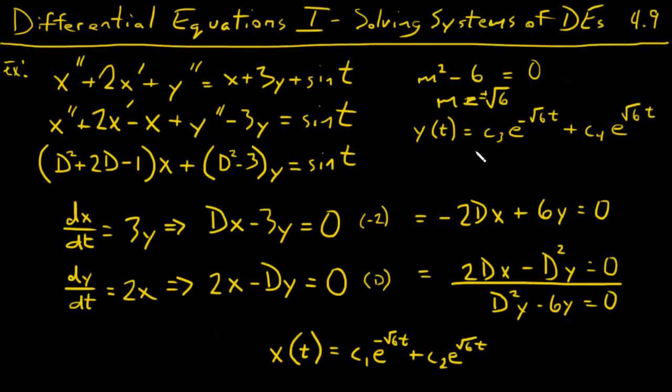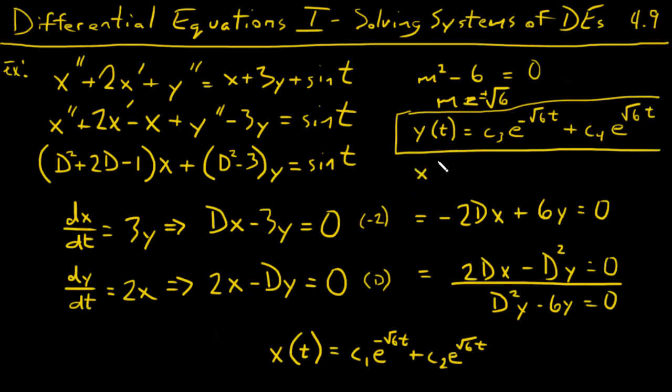Okay? Now, these are my two solutions. I've got a solution for x of t and a solution for y of t. But in the process of getting that, I'm going to write my x of t right here where I can erase the bottom. It is equal to C1 e to the negative root 6t plus C2 e to the positive root 6t.